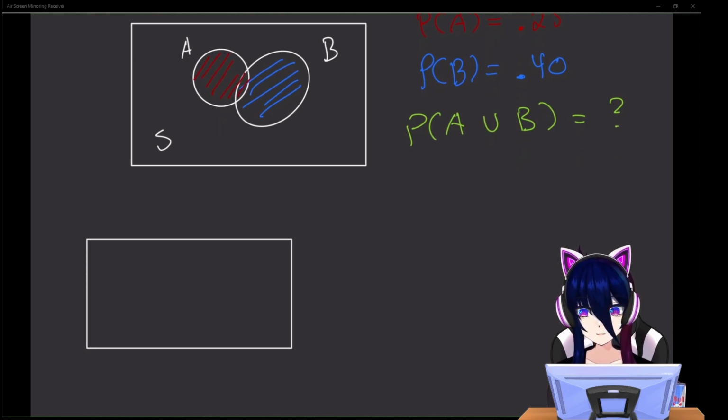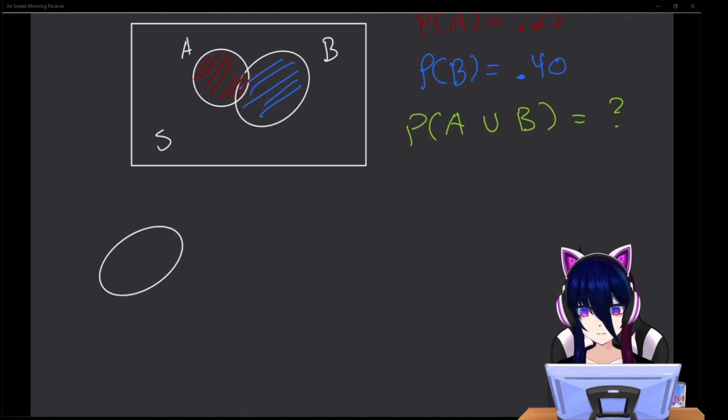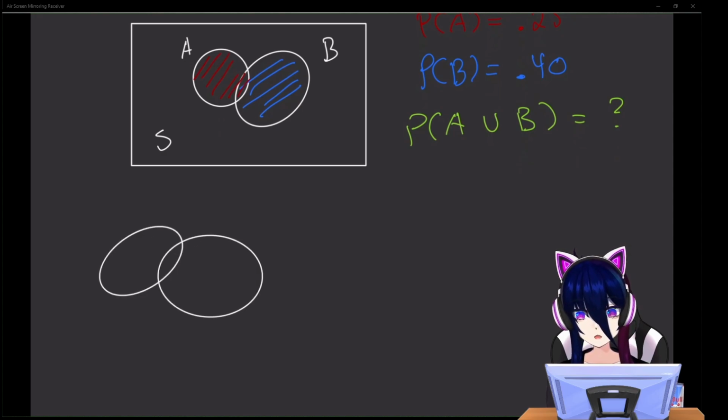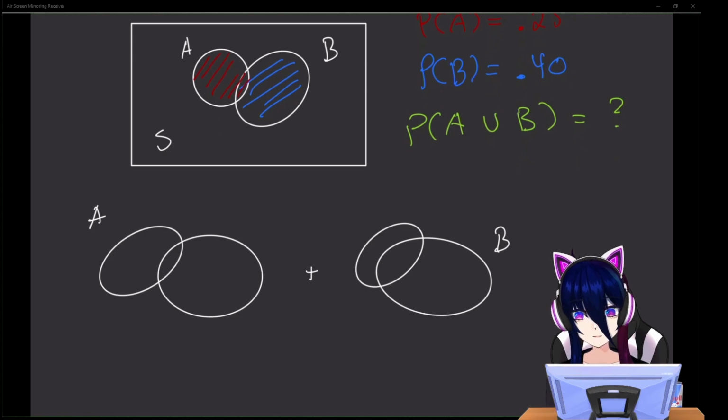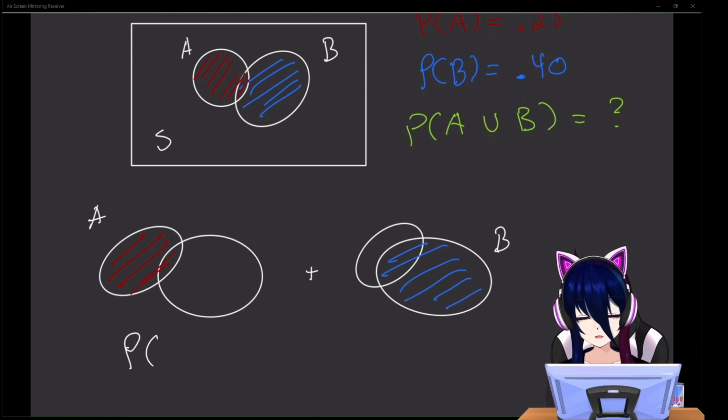Always fun. So, probability of A plus probability of B. You notice though, there's something we're double counting here.